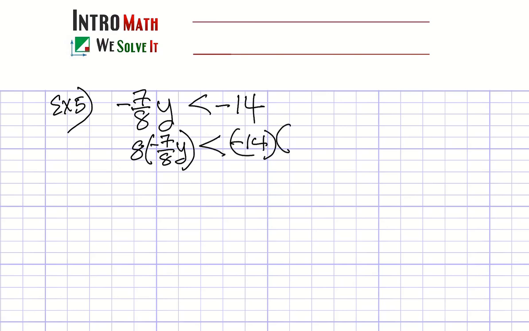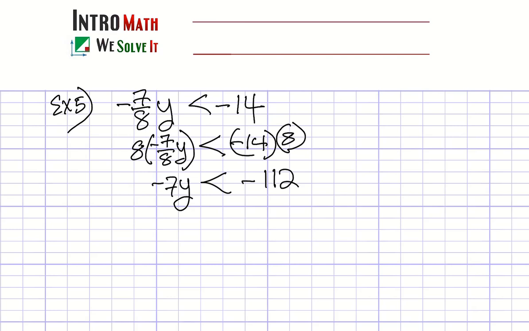Whatever you do on the left, you do on the right. You have to be very careful. You don't want to do too many things at the same time and get confused. So that's what you get: -7 times y is less than -112.